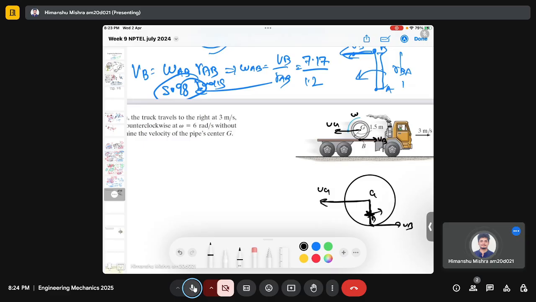So this is my instantaneous center. So my VB will be omega times RB with respect to IC, and my point G will be omega times RG with respect to IC.